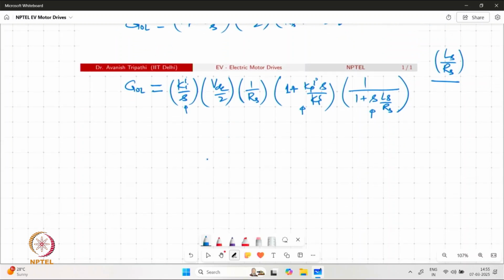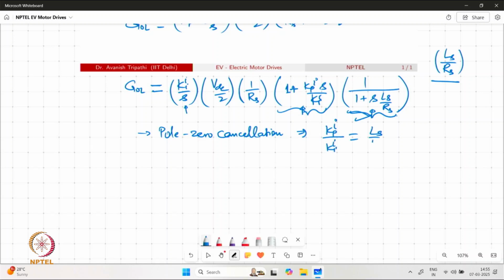So what we are trying to state is that we will have pole zero cancellation for compensation of the slower pole. What it effectively means is that we are trying to have the ratio of Kp by Ki equal to L by R. So now this gives us the first equation for the design of our current controller parameters.